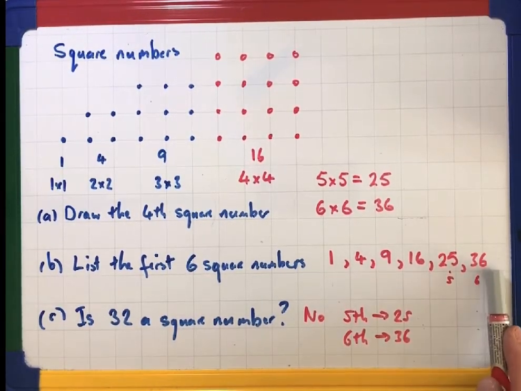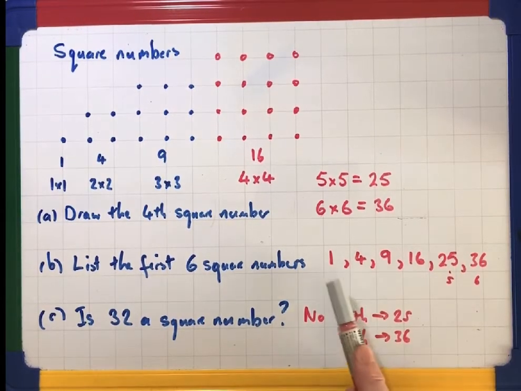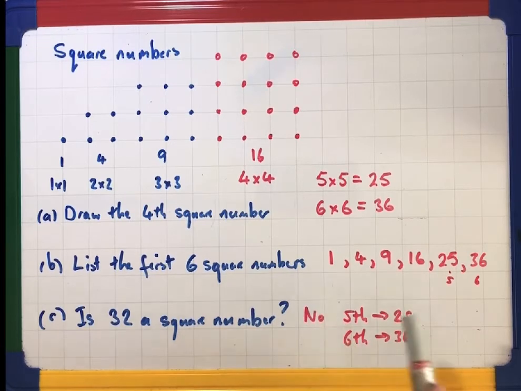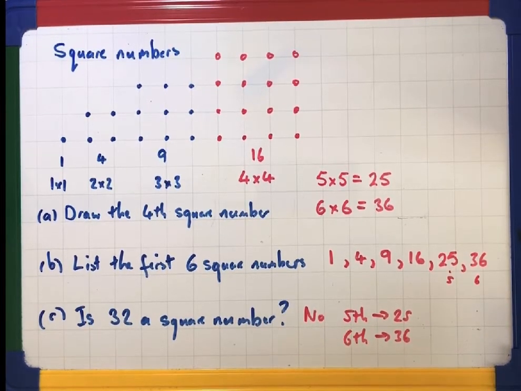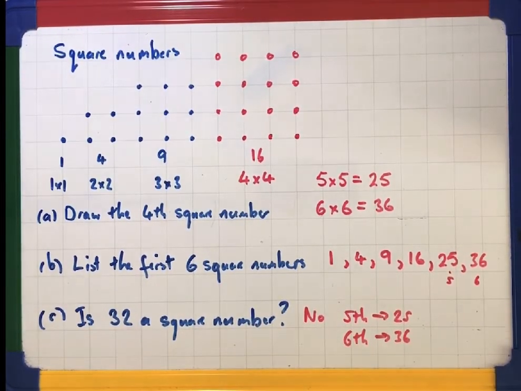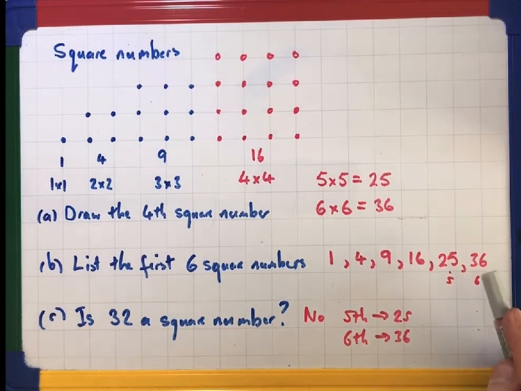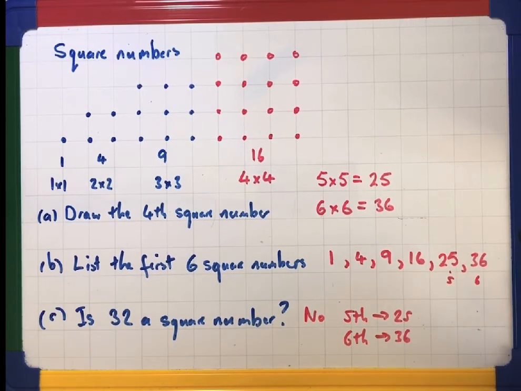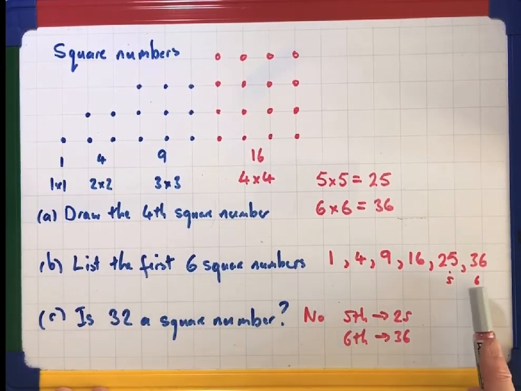And you can tell that because 36 was bigger than 32, but below it, 32 is not one of them. If I was asked, is 45 a square number, I'd have had to go up to 49, which is the next square number, and 45 is smaller than that, so 45 would not be a square number. So if it's in that list, it's a square number. If it's not, then it's not a square number.